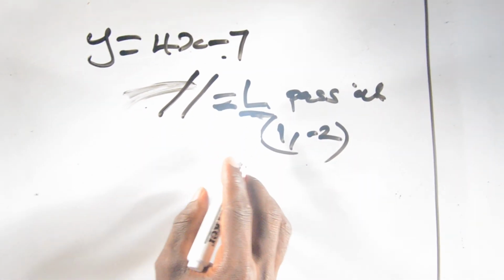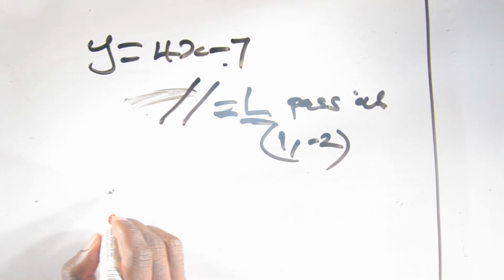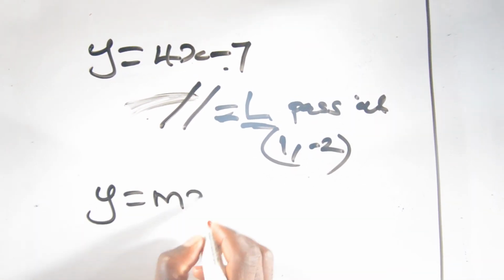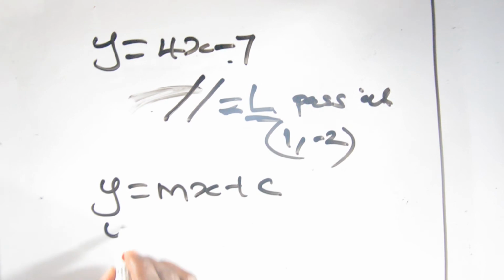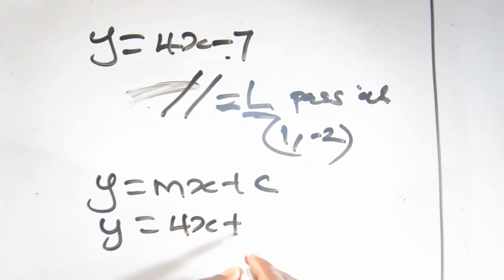So the first thing you have to do is find the gradient of L. We say y is equals to mx plus c, so y is equals to 4x minus 7.